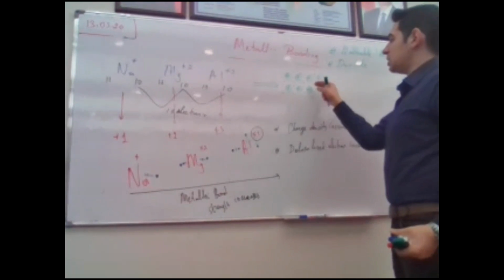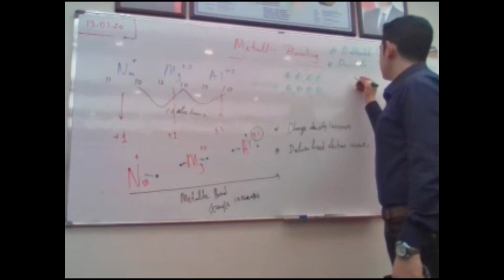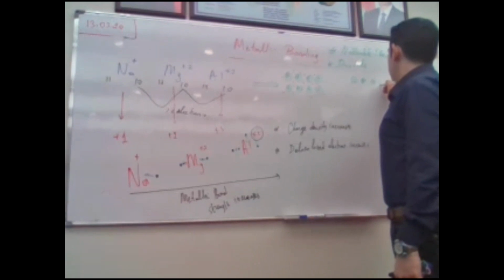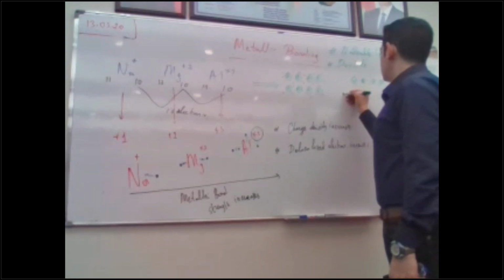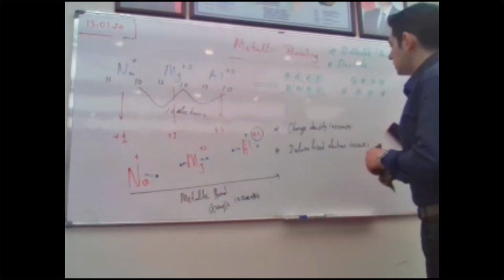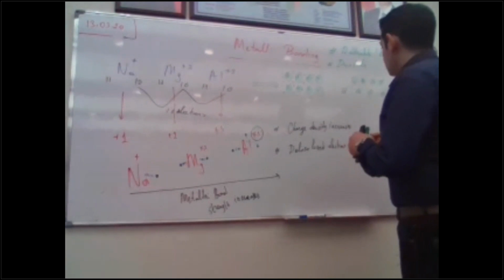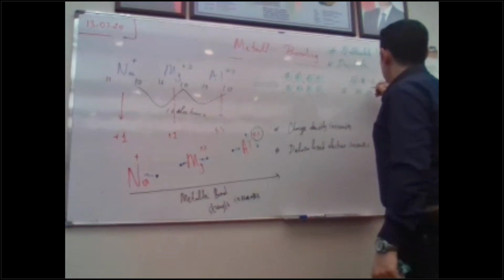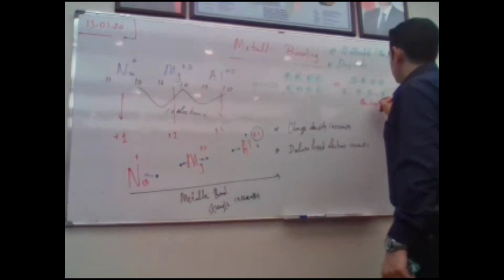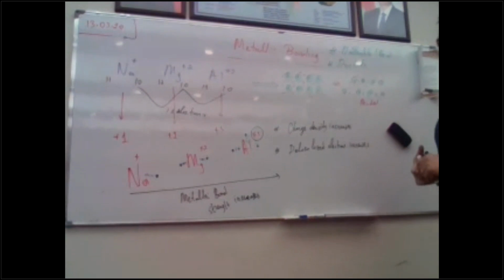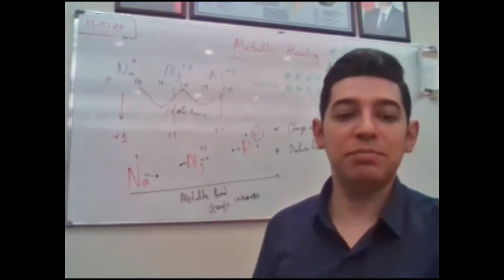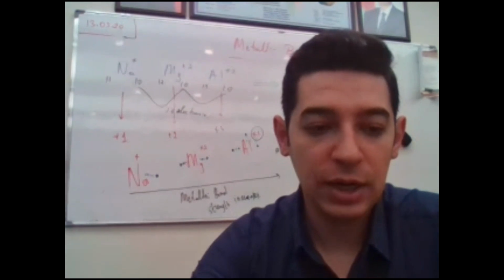These layers start to slide over each other, so they will easily bend. You are not breaking them down, you are bending them. This is the difference between ionic compounds and metallic bonding. There is bending here, not breaking.